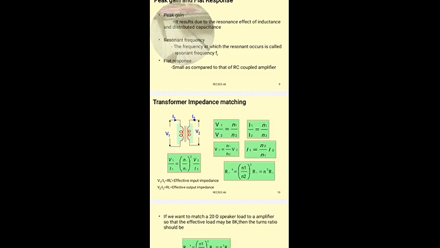Substituting V1 and I1, that is V1 by I1 is equal to, substituting V2 and I2 in the relations, we can write the equation for V1 by I1, which is equal to N1 by N2 whole square into V2 by I2.